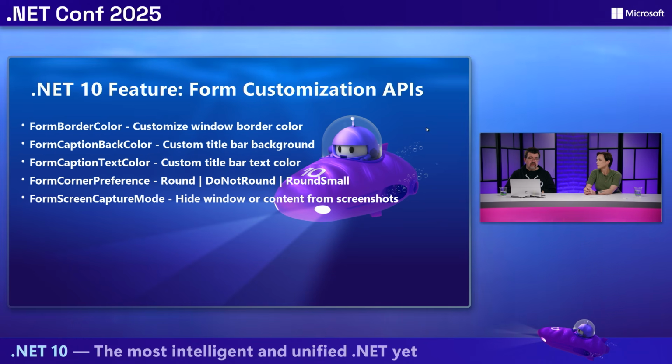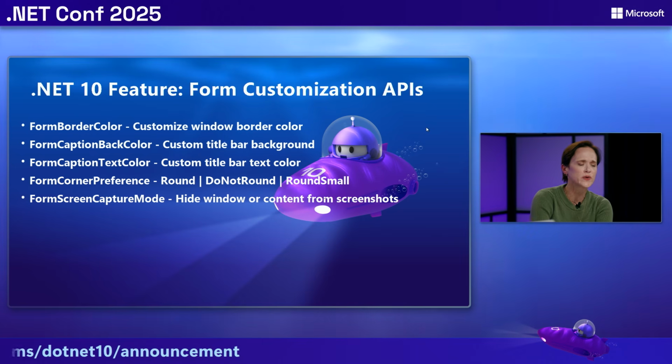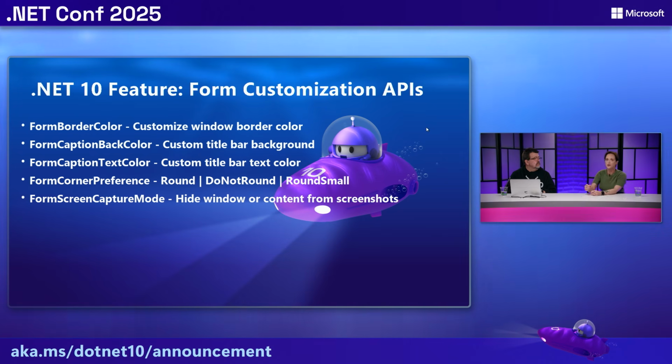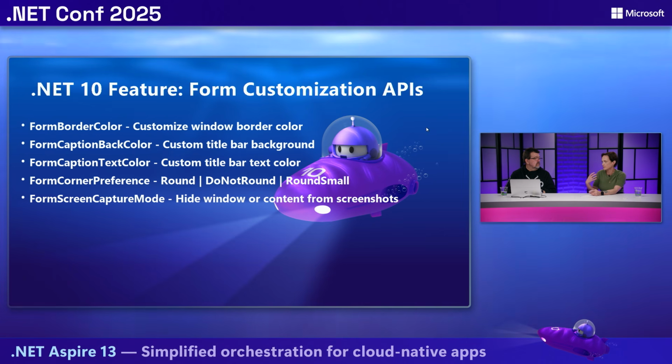One thing we should point out though is the form screen capture mode. Yes, that one's pretty exciting to me because we are doing lots of Teams meetings and showing video, showing demos and such. And it can happen that the video may not be something that you want captured in your Copilot or your Recall on the machine, shown visibly.